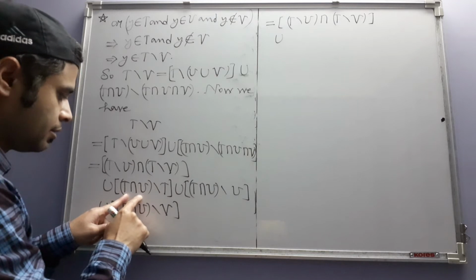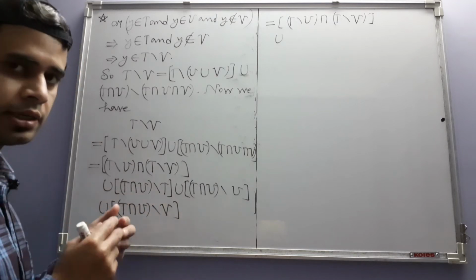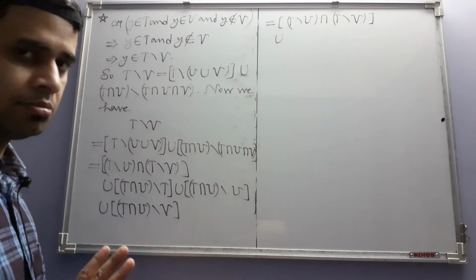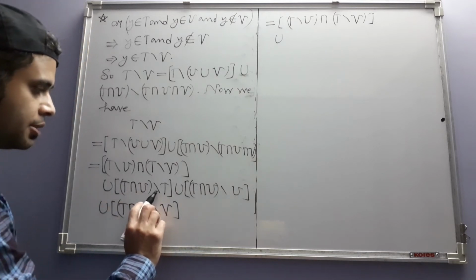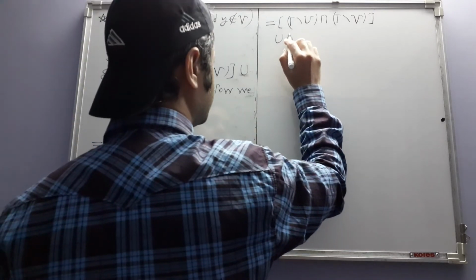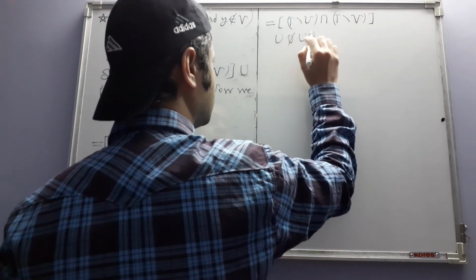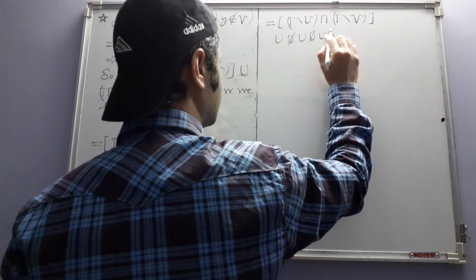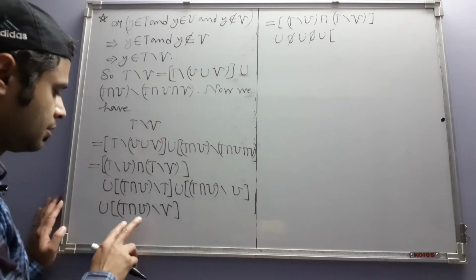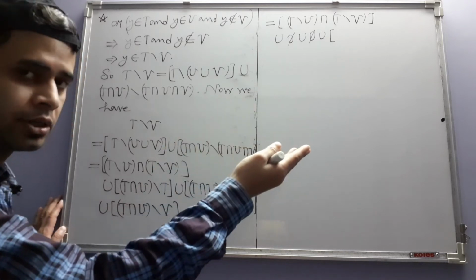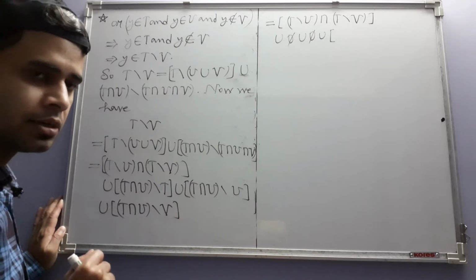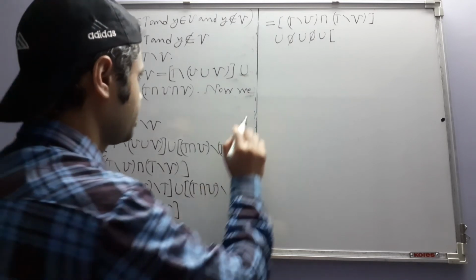Since T intersection U is actually a subset of T, if we remove T from it, nothing will be left. It will be the empty set. And for a similar reason, this one is empty also. Now what I am going to write now in place of this, if you find it unfamiliar or difficult to understand, you prove it.